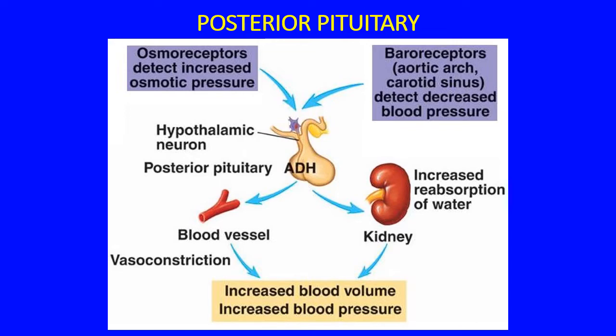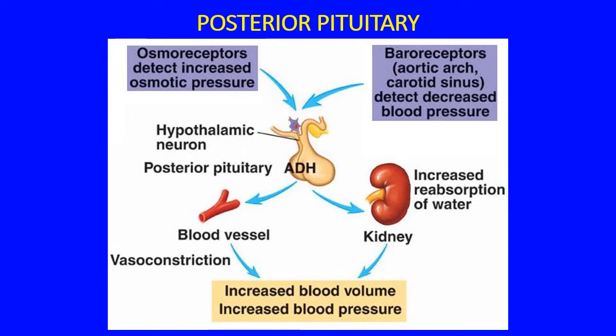Remember, with increases in osmotic pressure, you're going to have more concentrated blood. And so you're going to have basically the release of antidiuretic hormone, or ADH. And first you're going to have the blood vessel having vasoconstriction.